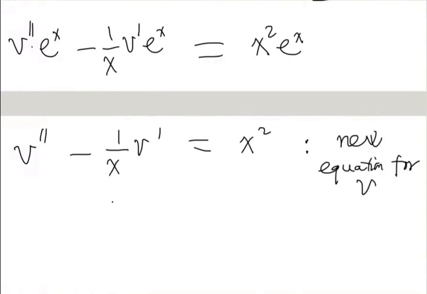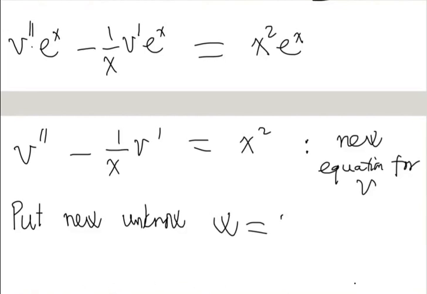It's still a second order equation, but as before, we will introduce a new unknown w equal to v prime.